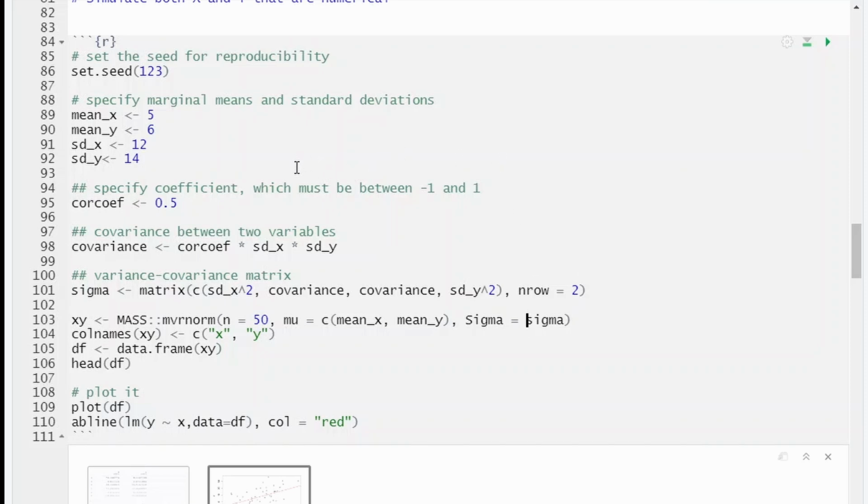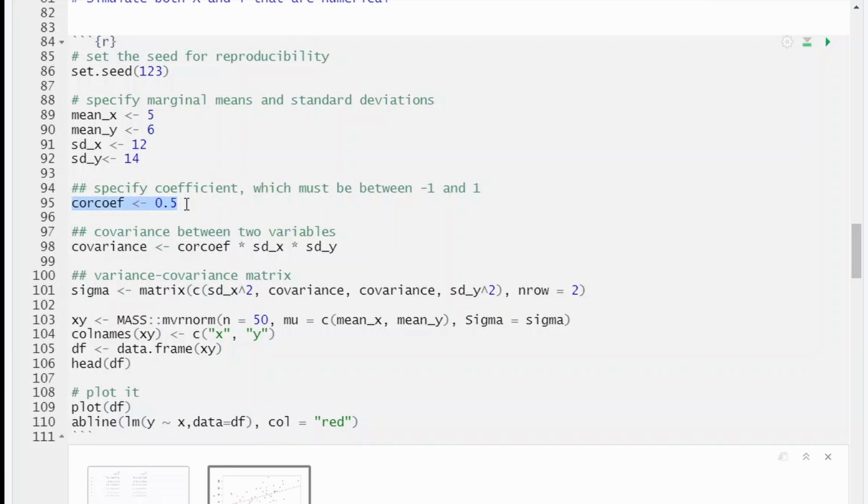Basically, we're going to simulate X and Y. Both of them are numerical data, on a continuous scale. So we set the mean of X, mean of Y, standard deviation of X, and standard deviation of Y. And then we also predetermine the value for the correlation coefficient, 0.5.